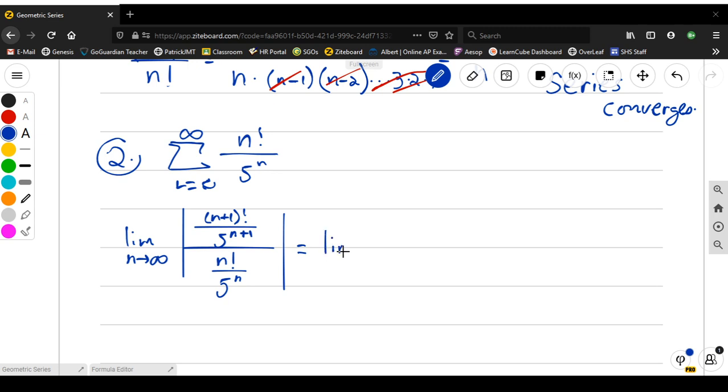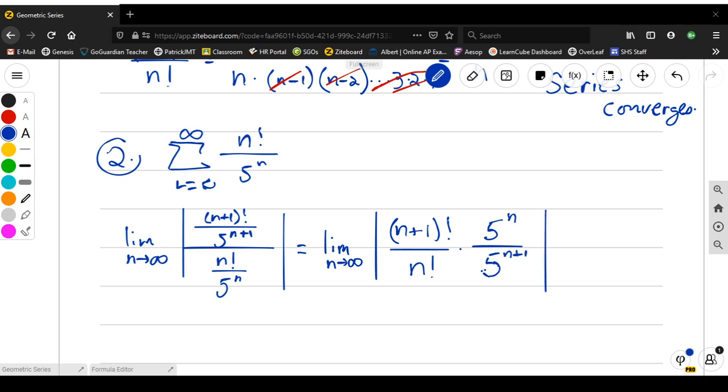We're going to go ahead and multiply by the reciprocal, and I'm going to rearrange some terms so that we have our n plus 1 factorial. That, when we multiply by the reciprocal, is going to end up over the nth factorial, times 5 to the n will be in the numerator, and 5 to the n plus 1 will be in the denominator there, okay? And so we can reduce a little bit.